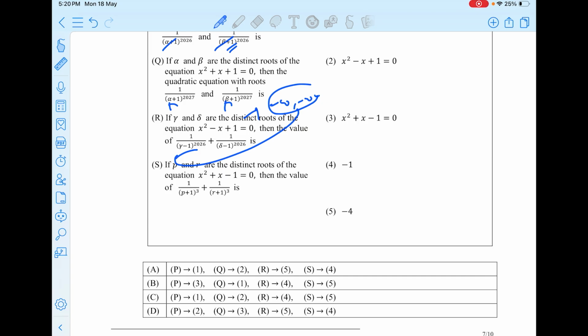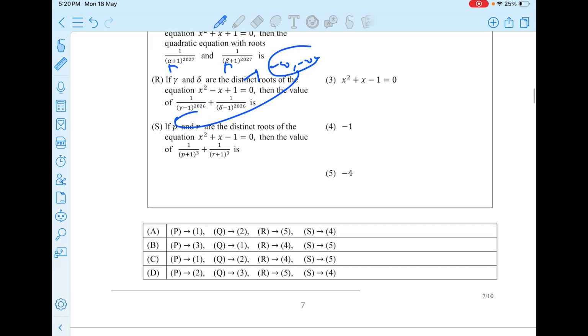Okay, x square plus x minus 1. So for the x square plus x minus 1 value, they are asking (p plus 1) whole cube plus (r plus 1) whole cube. Here p plus r we know, pr we know, so we can just take LCM and simplify.